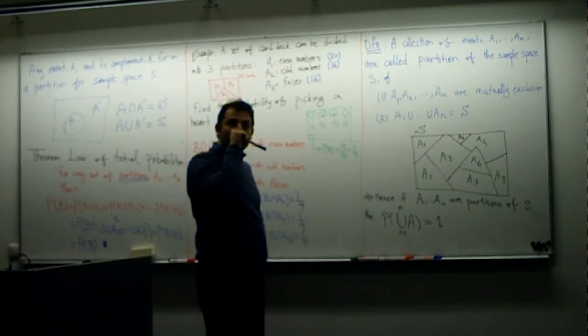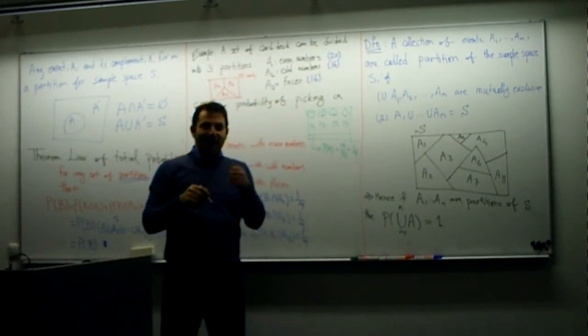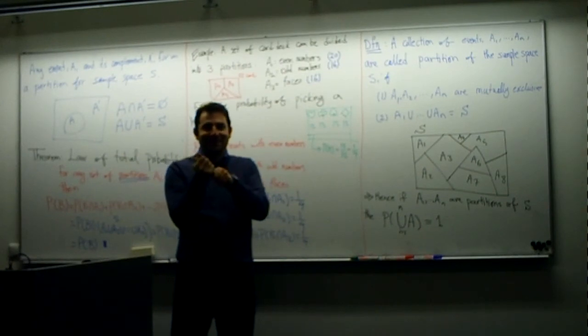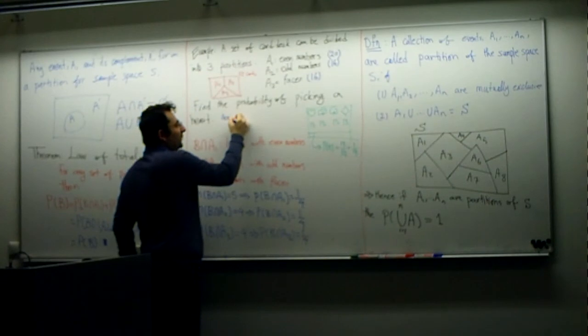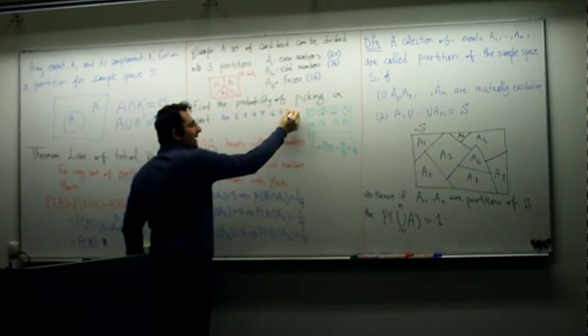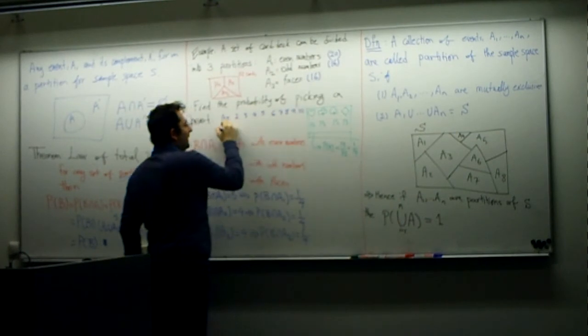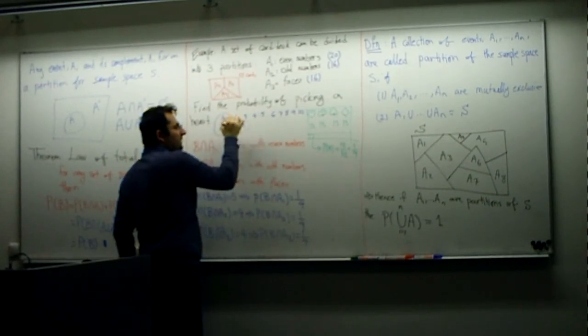How about 12? We don't have 12. Have you seen cards? It's ace, 2, 3, 4, 5, 6, 7, 8, 9, 10. Then we have jack, queen, and king. So these are the faces.